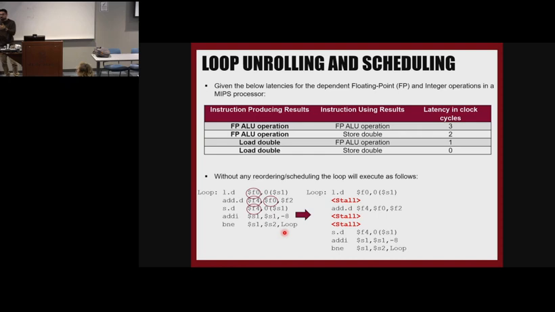Does that make sense? So now let's calculate the IPC for this one. Can you tell me what the IPC is? IPC means instructions per clock. Andrew, what is the IPC for this?